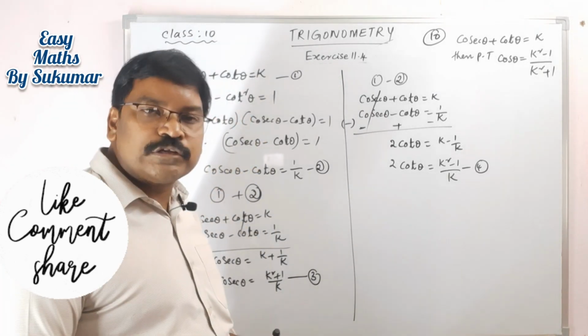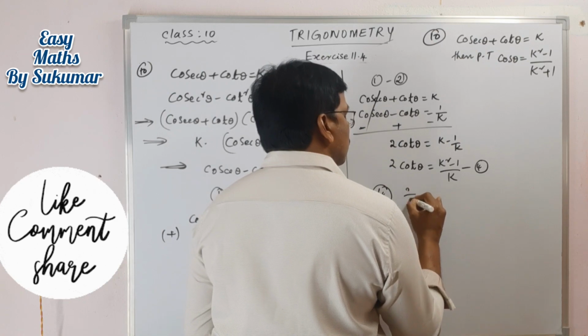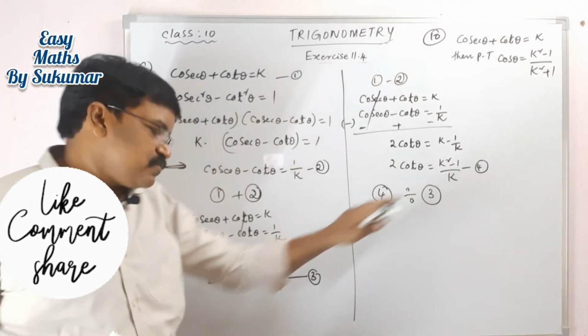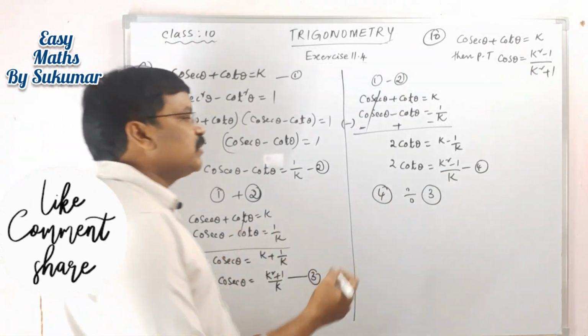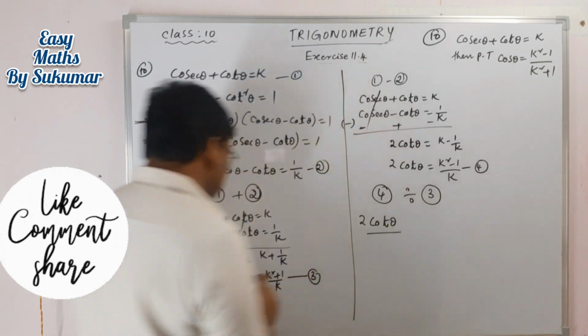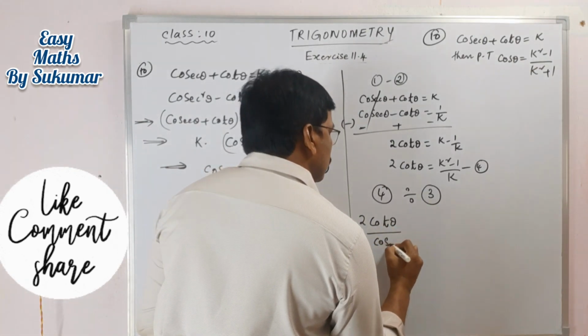Now what I am going to do here is just divide this equation 4 with equation 3. What is equation 4? 2 cot theta by, what is equation 3? 2 times cosecant theta.